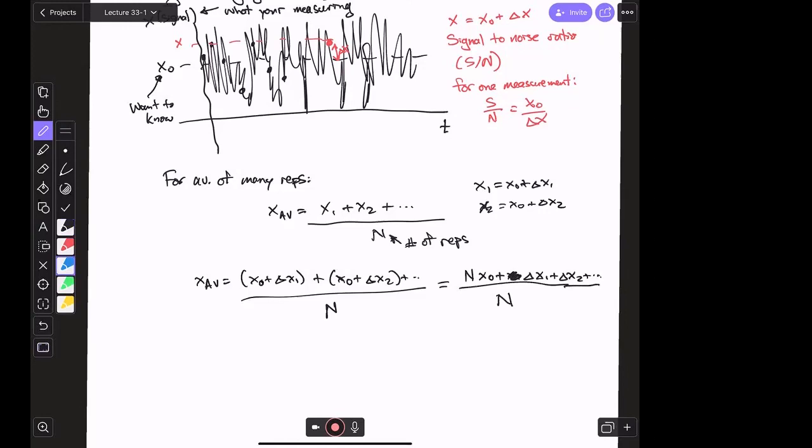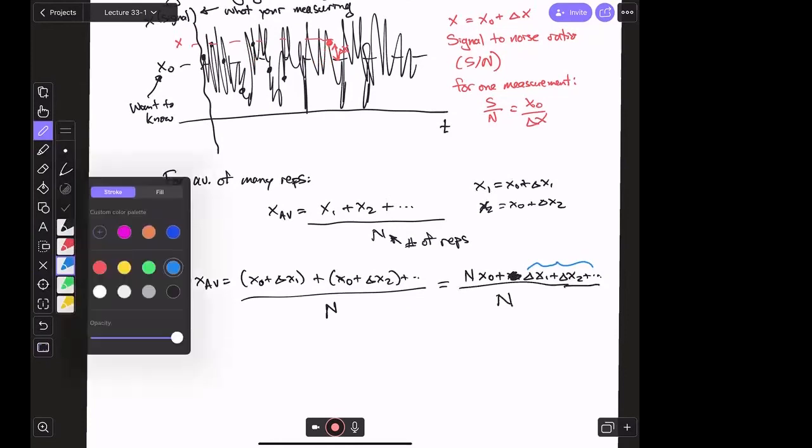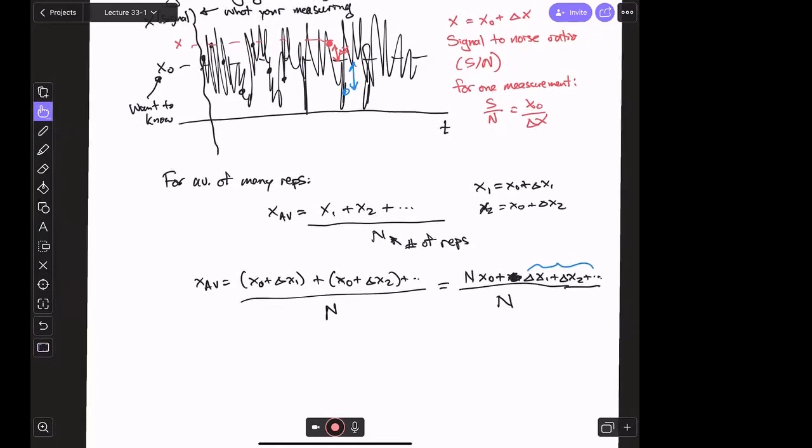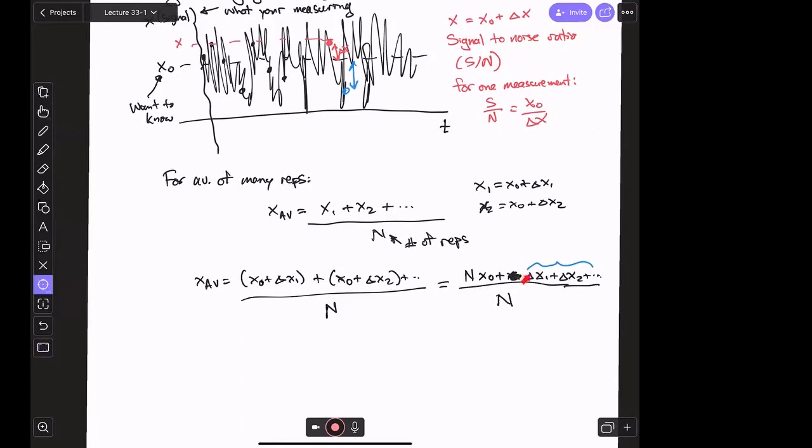Now these delta X's, some of them are positive, like the one I showed in red here. Some of them are negative, like let's say this one. So it's just like a random walk where you're taking some positive steps, some negative steps, and you're adding them all together. So this is a random walk.